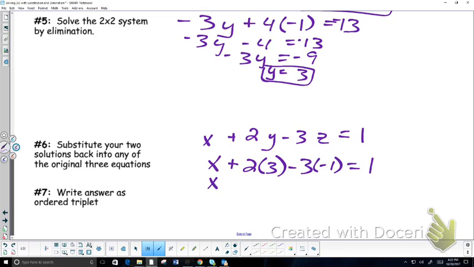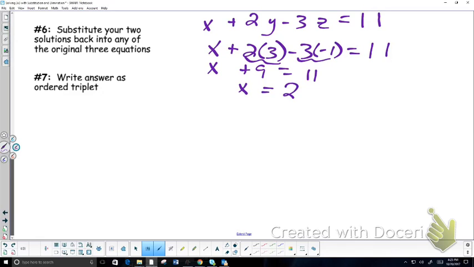So that gives me x, this right here is 6 plus 3, so x plus 9 equals 11, not 1, my bad. Subtract it and I get x equals 2. So then the last thing you do is you write your system as a triplet. So we'd have x is 2, y is 3, and z is negative 1.